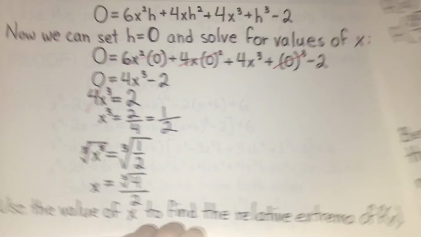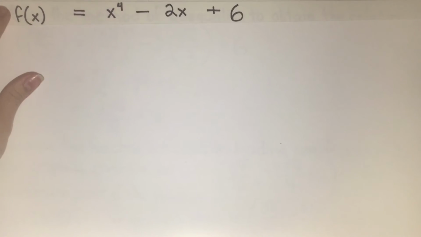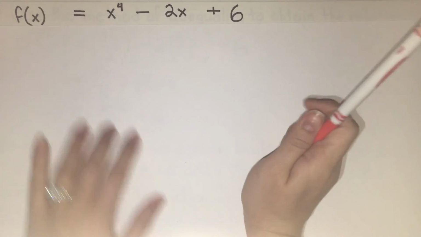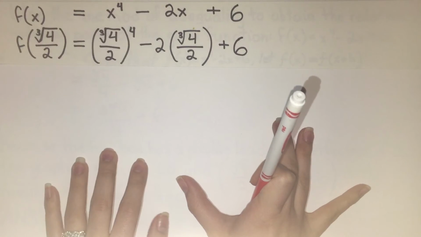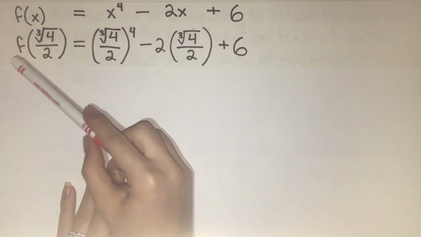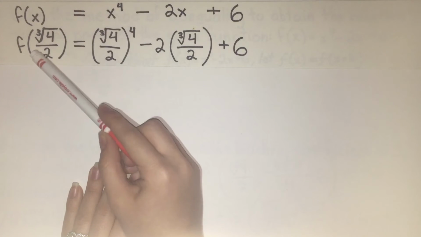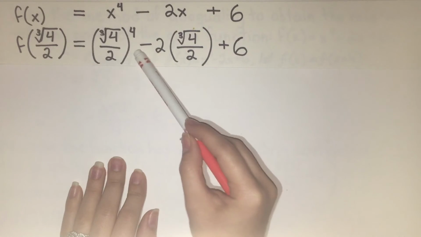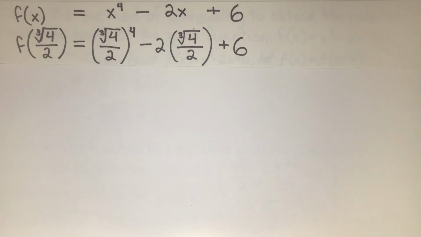Which means we take the original function f of x equals x to the 4th minus 2x plus 6, and we plug in the new value of x, which is the cubic root of 4 divided by 2. So we have the cubic root of 4 divided by 2 to the 4th power minus 2 times the cubic root of 4 divided by 2 plus 6.